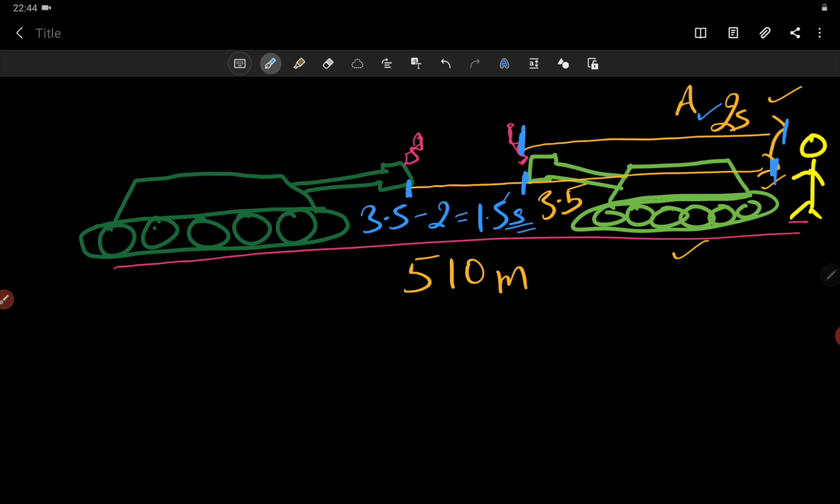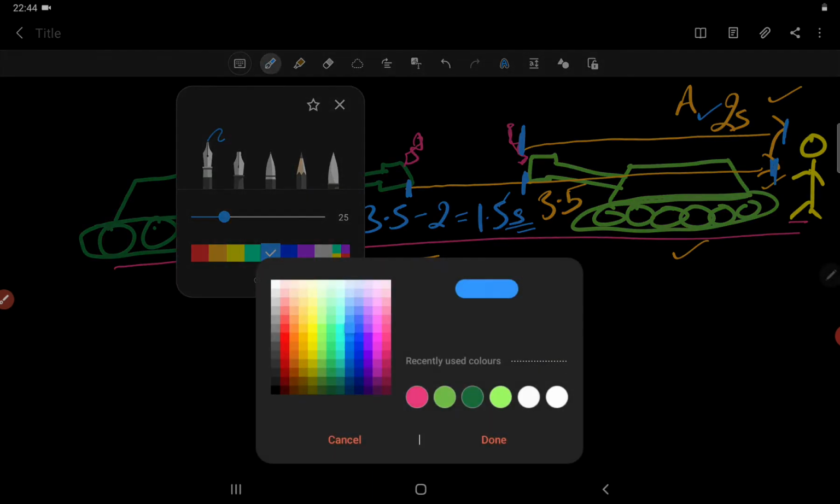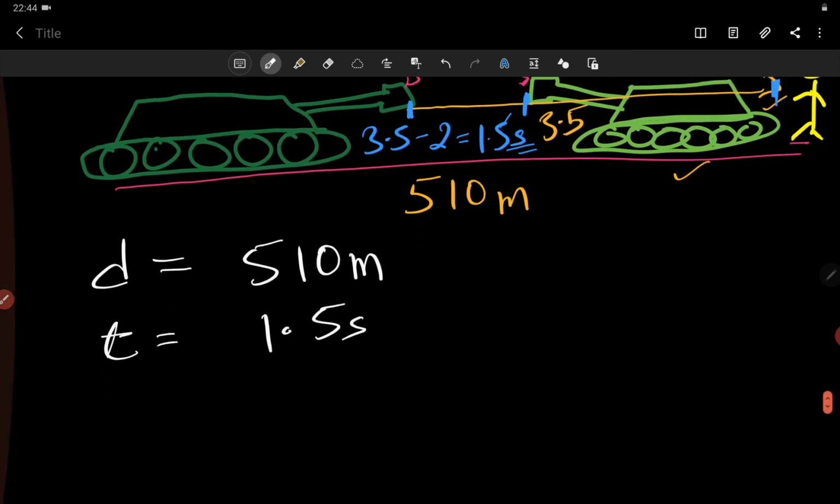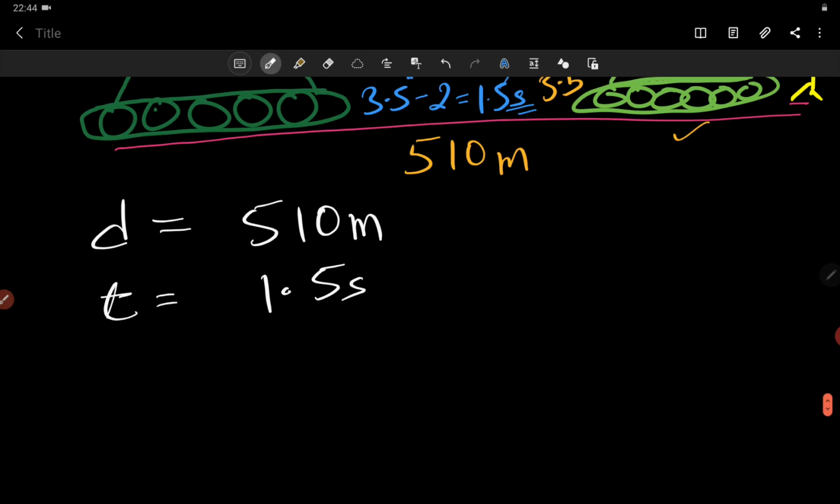So the things with us now are: distance between the tanks is 510 meter, and the time taken by the sound is 1.5 seconds. Now my motive is to calculate the speed of the sound.